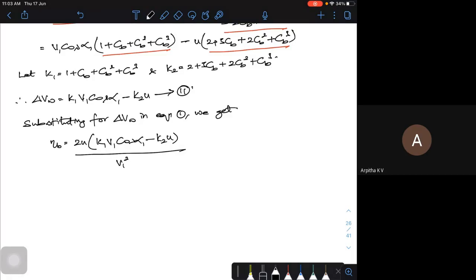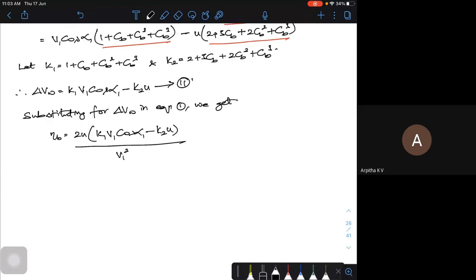Case 1 was just simply writing in terms of alpha 1, alpha 2. If I write all the things in terms of alpha, that is the flow entry to the first row, this is the complicated equation we get, that we are trying to simplify based on the constants. Let me call this equation number 2.